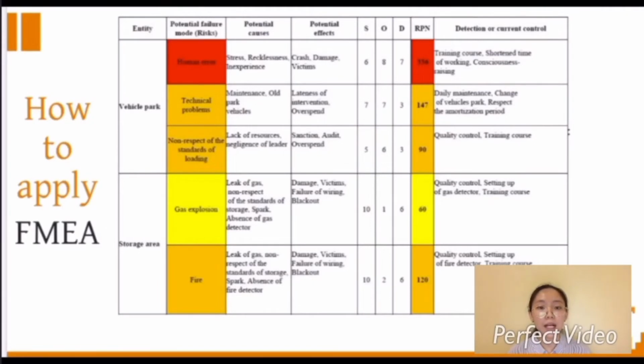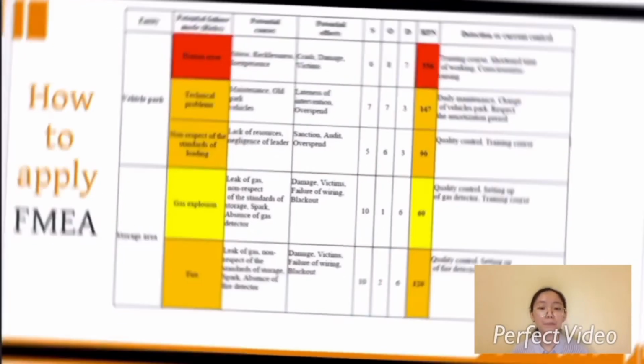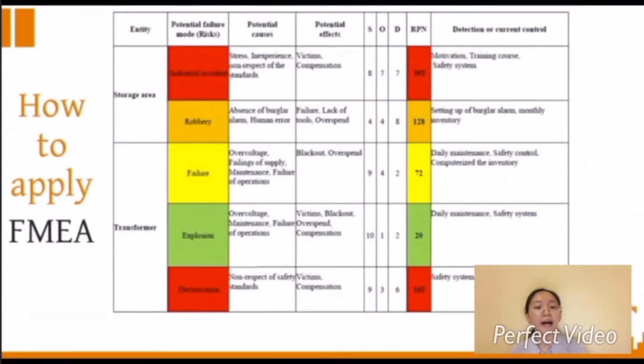For example, the potential causes of human error are stress, recklessness, and inexperience. And the potential effects of it are crash, damage, and victims. Meanwhile, what are the potential causes of fire in the storage area? The potential causes would be leak of gas, sparks, or maybe the absence of fire detector in the company.